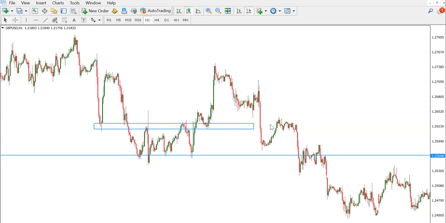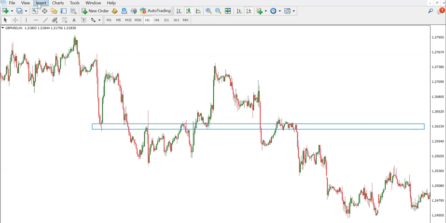Let me remove this. Now, what I do is I look at the candle body to the wick. And then let me insert another level here.